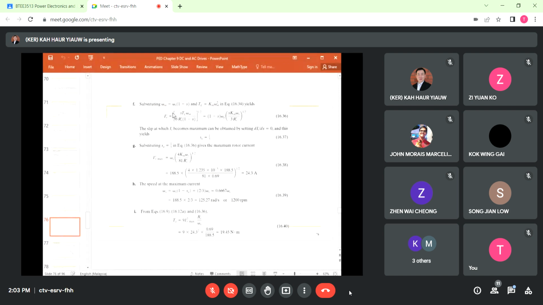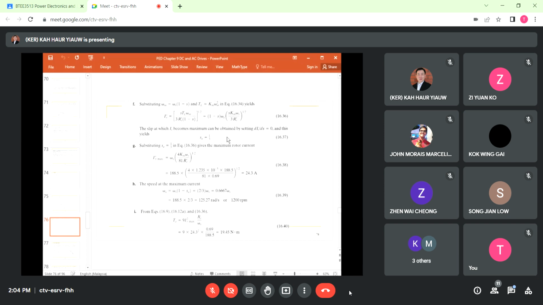Substituting omega m equal to this equation and TL equal to this equation into equation 34 previously, the IR prime can be obtained in equation 36 here. The slip at which IR becomes maximum can be obtained by setting dIR over dS equal to 0.